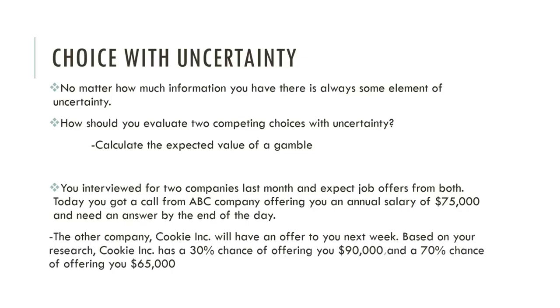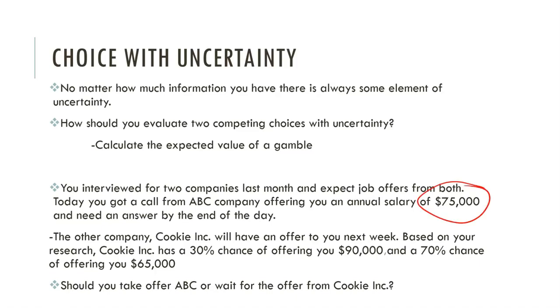The other company, Cookie, is going to have an offer to you next week, and based on your research, they have a 30% chance of offering you $90,000 and a 70% chance of offering you $65,000. So, should you take the offer from ABC or should you wait until next week and take the offer from Cookie? So if you take the offer from ABC, it's guaranteed $75,000.